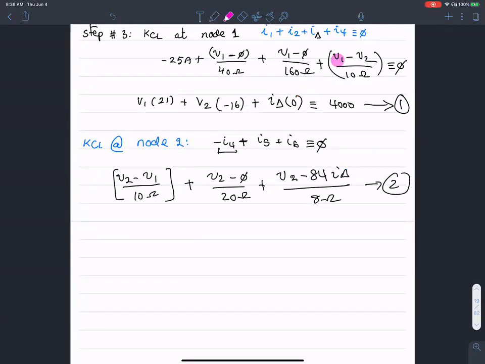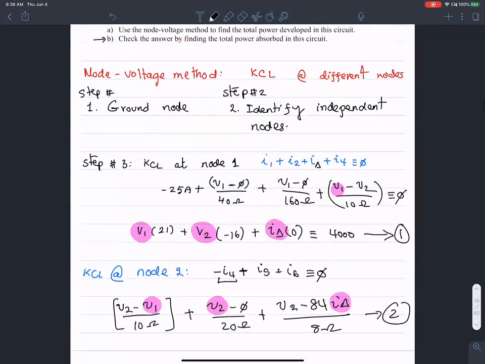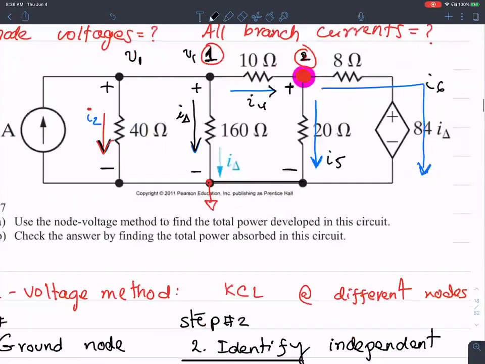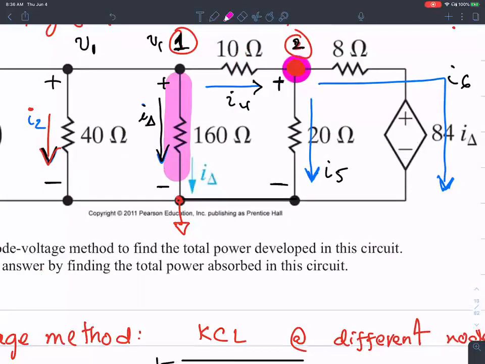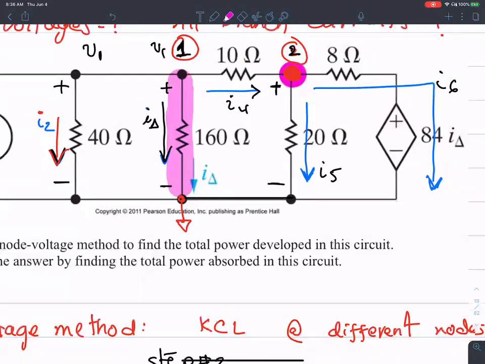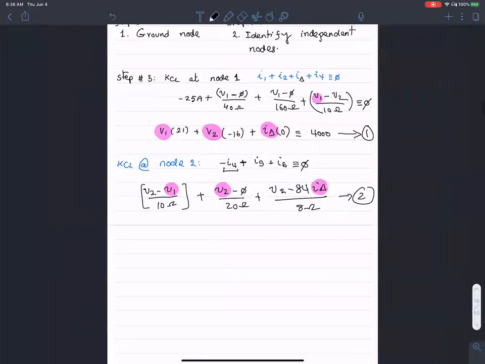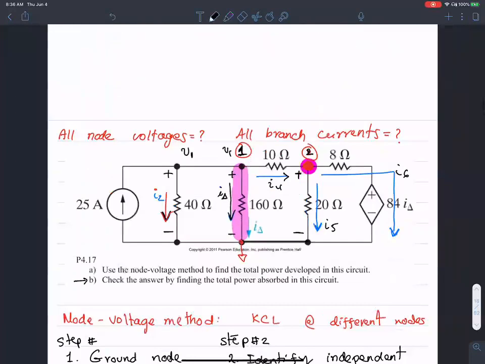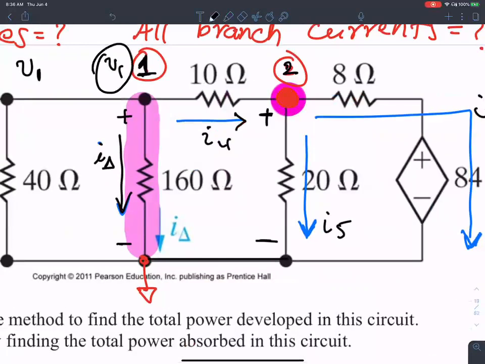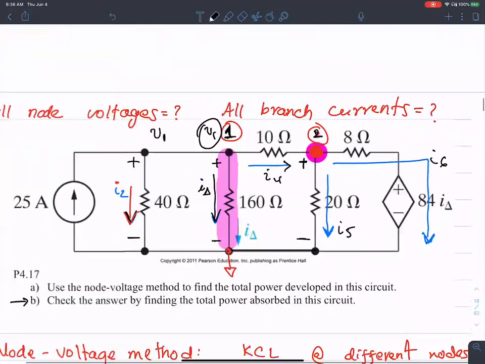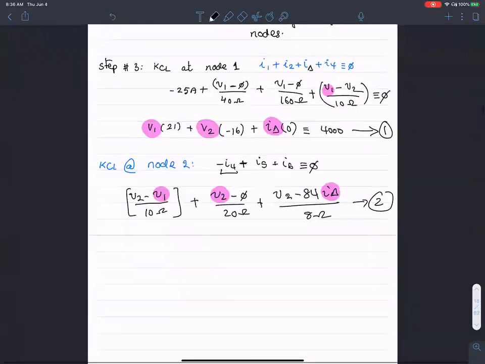V1 is an unknown, V2 is an unknown, and there's an I delta unknown here. In order to understand I delta, I'd simply have to make use of this dependence here. I delta is V1 minus 0 over 160. So that's the third equation that I would need to take into account.